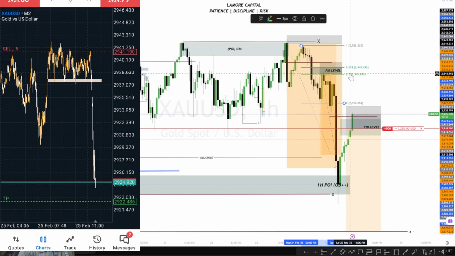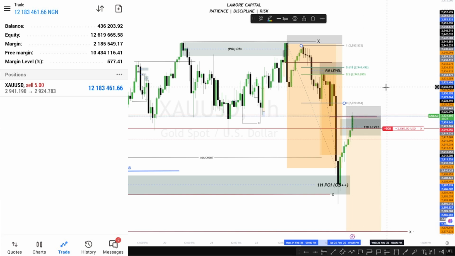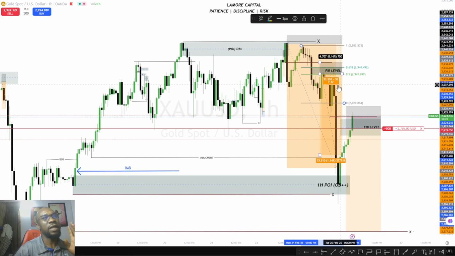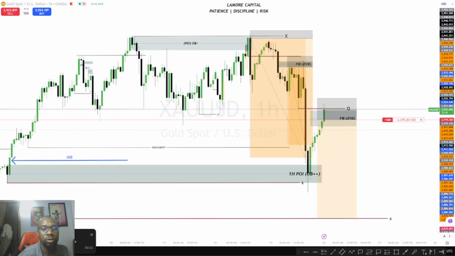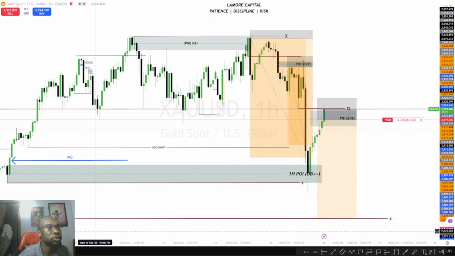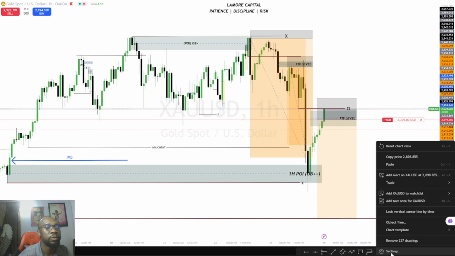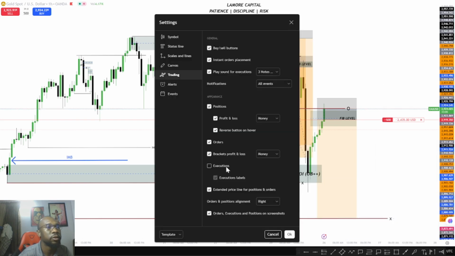I'll be dropping my MT5 execution so that you guys can have an idea of how I executed this trade on my MT5. I rallied a trade of 15 to 1 RR, and I caught 2 consecutive trades on this particular gold. So I'll be showing you guys the trade execution on this particular trade. Execution.